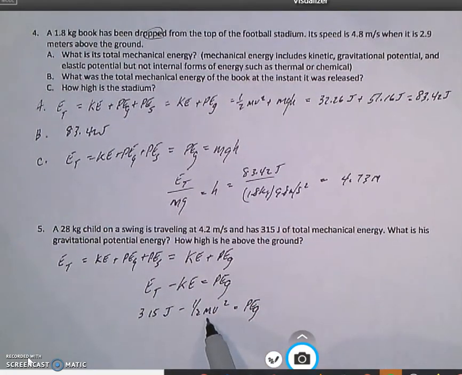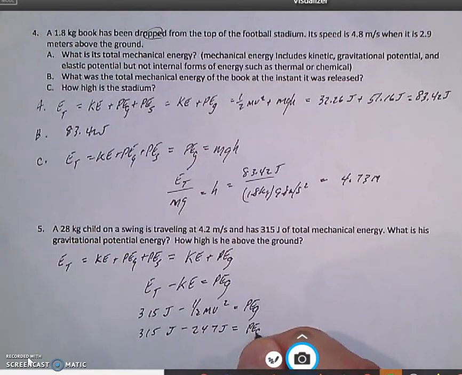M is 28 kilograms. V is 4.2 meters per second. Make sure you square it. If you do that, the kinetic energy comes out to be roughly 247 joules, which means that the gravitational potential energy has a value of roughly 68 joules.